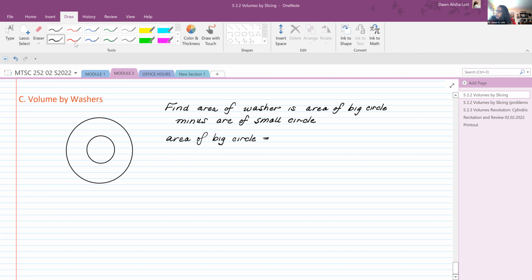Well, the area of any circle is pi times its radius squared. So let's draw the radius of the big circle like such. Okay, so that's R. And the area of the little circle we'll draw like this. And that's little r.